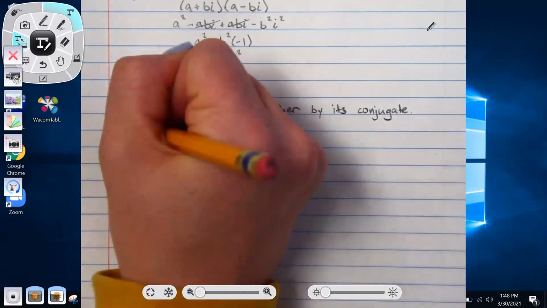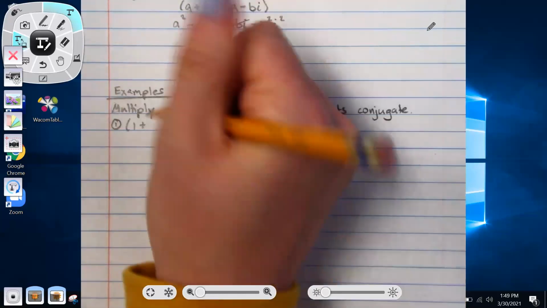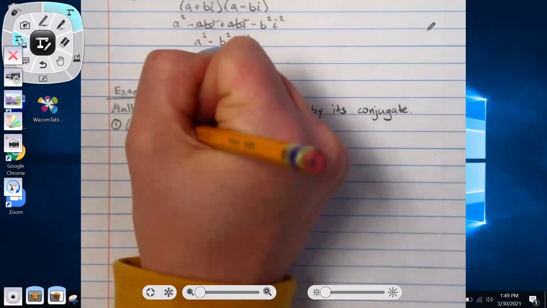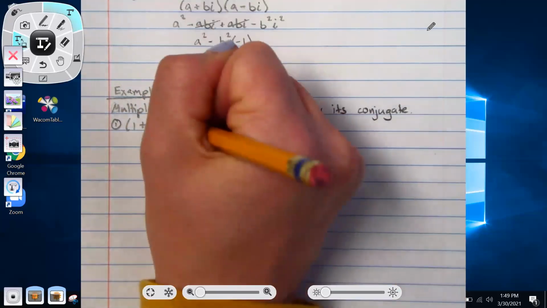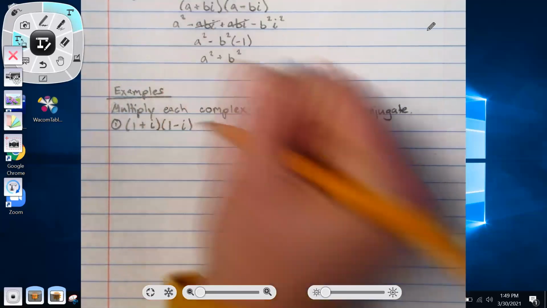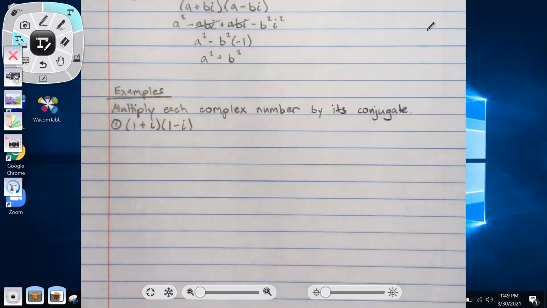Okay. Number one, we've got 1 plus i, and we're told to multiply this by its conjugate. So our conjugate would be 1 minus i. The 1 and the i stay the same, and we just change the plus sign to a minus sign.